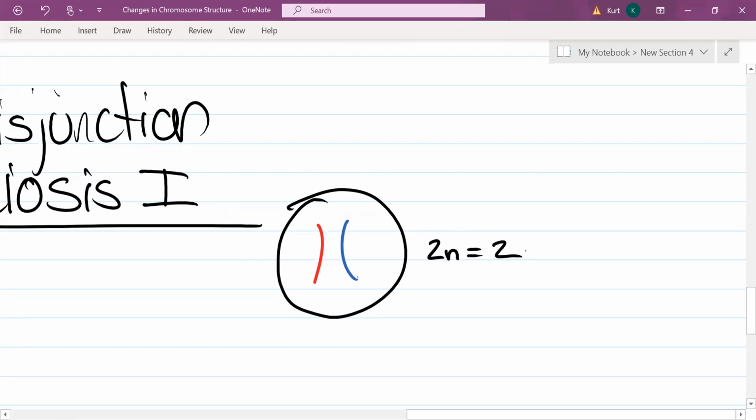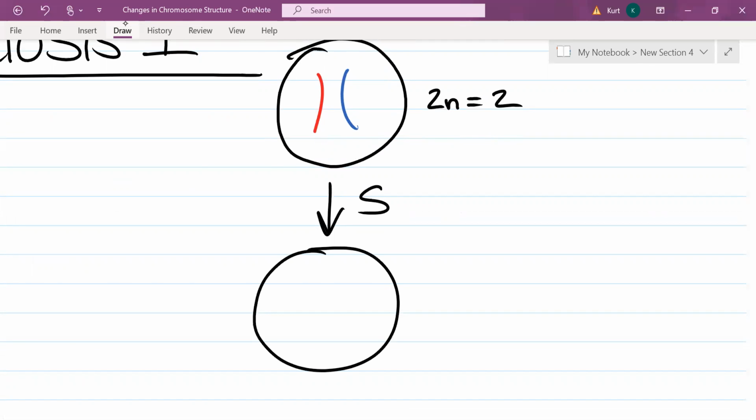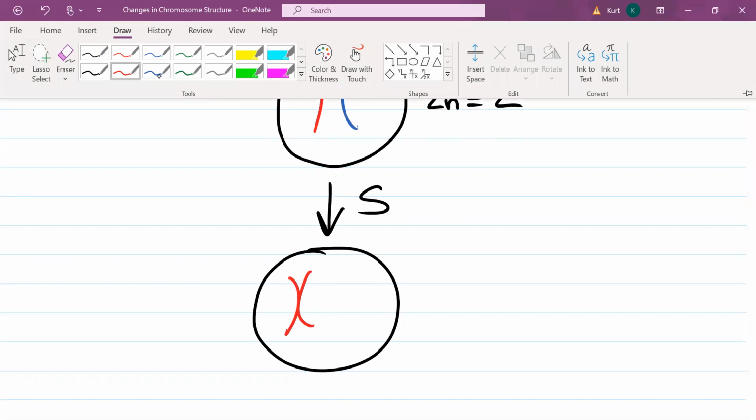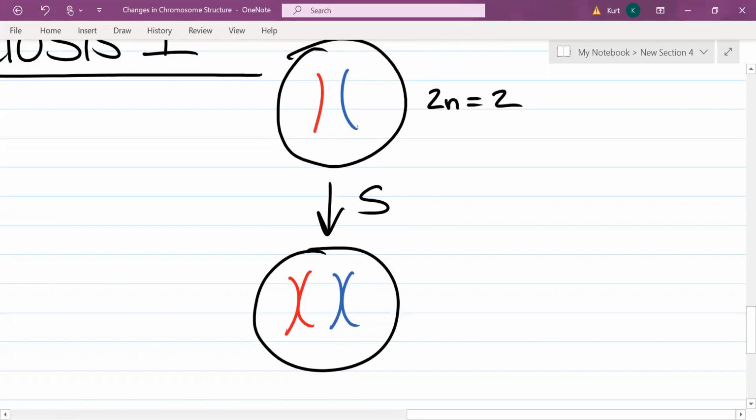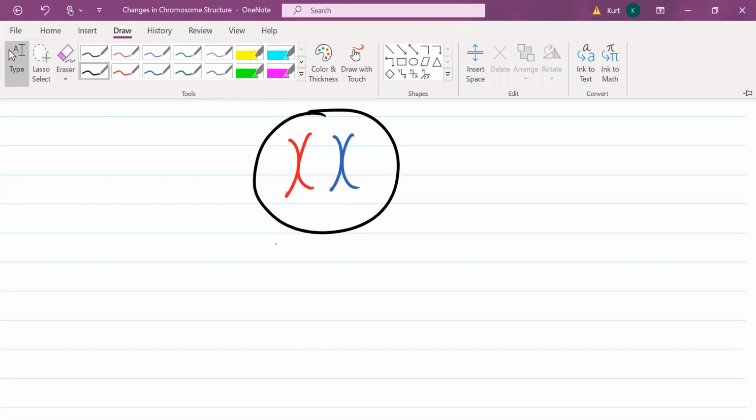2n equals 2. It's going to go through S phase, and now you're going to have sister chromatids. The DNA has doubled itself. Now, here's where the magic happens.